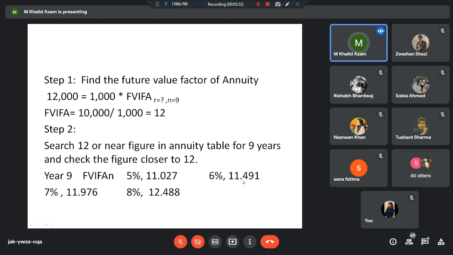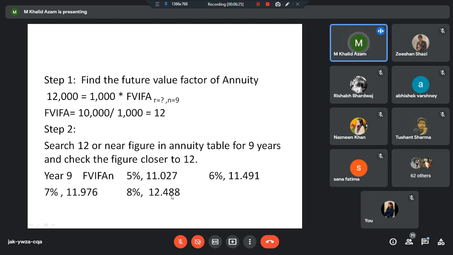At 6% it is 11.491. At 7% it is 11.976. Now check here, at 7% it is 11.976, and at 8% it is 12.488.